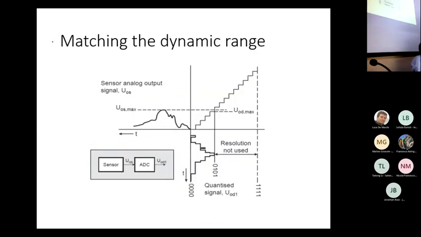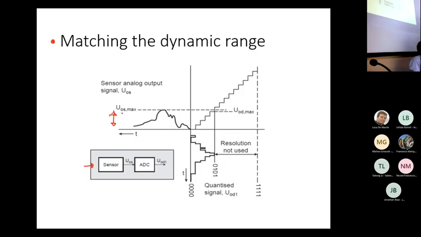The second important task is related to the matching of the dynamic range. Suppose that you have a sensor which generates an output confined in this voltage interval.